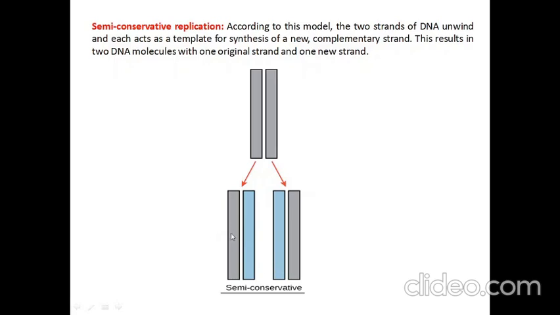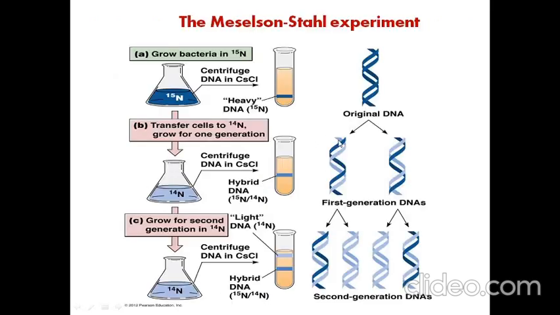So the two DNA molecules formed from the semi-conservative mode each contain one parental strand and another newly synthesized strand. This mode of replication was proved by experiments, the major one being the Meselson and Stahl experiment.